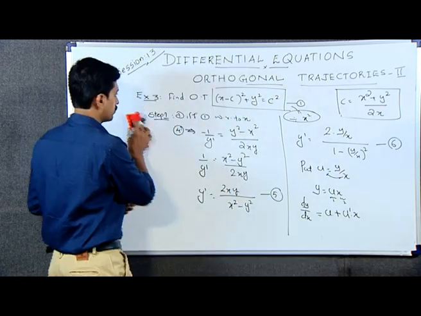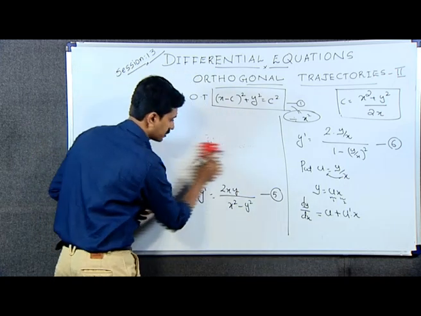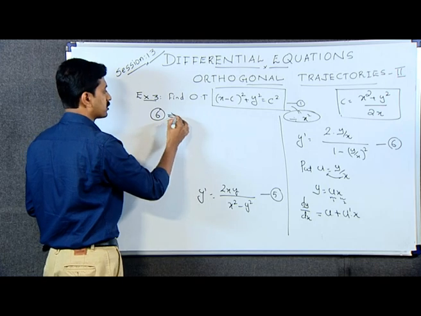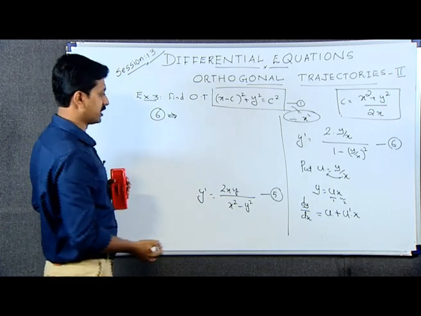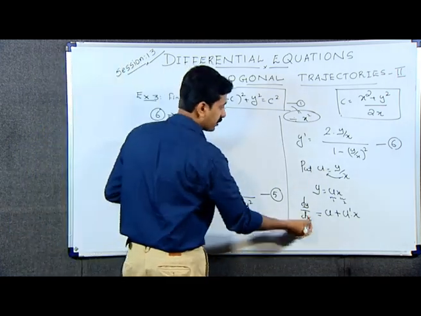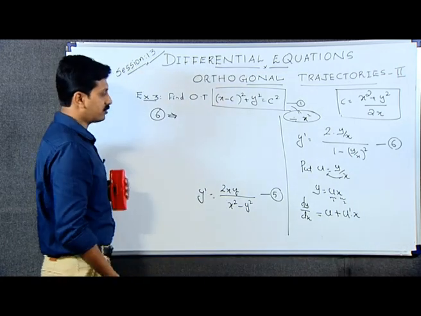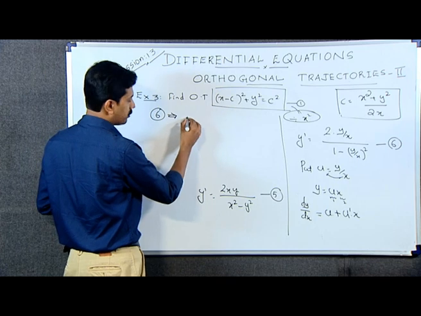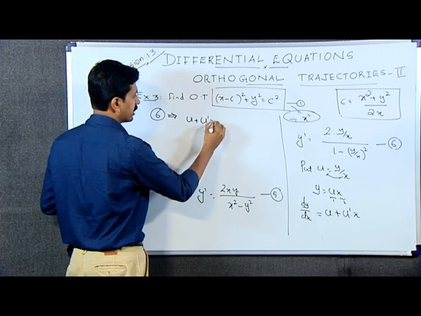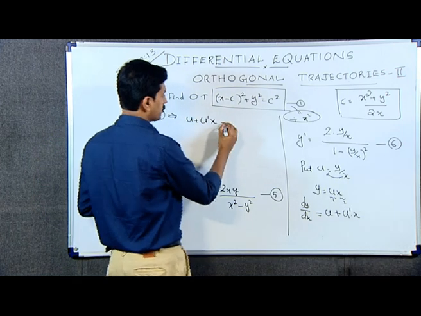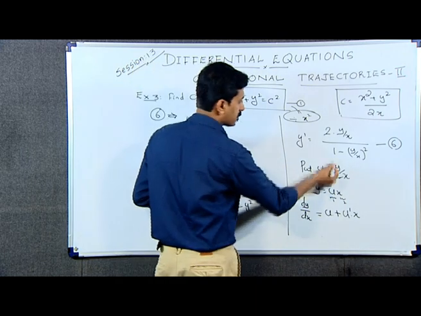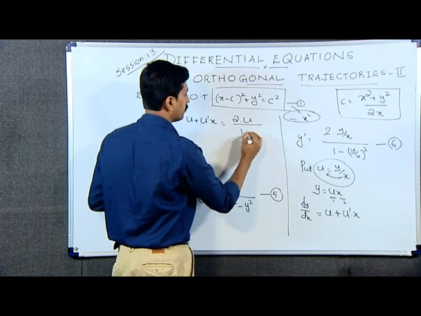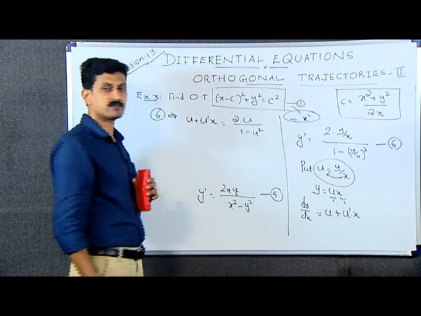Therefore, equation 6 becomes: instead of y dash we replace like this, y dash is equal to u plus u dash x is equal to 2 into, replacing y by x as u, therefore 2u divided by 1 minus u square.